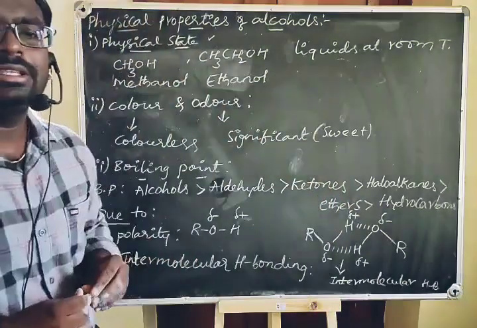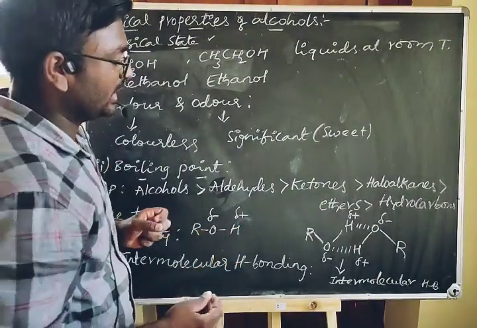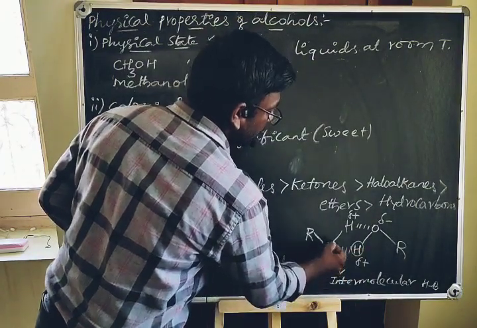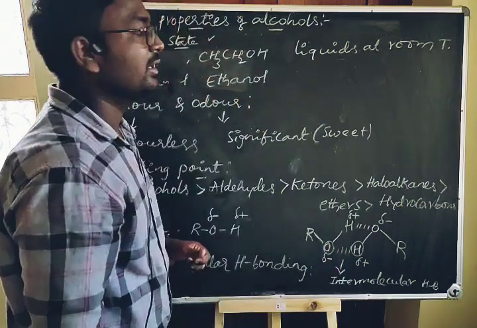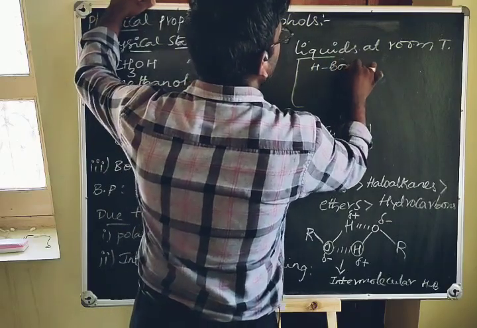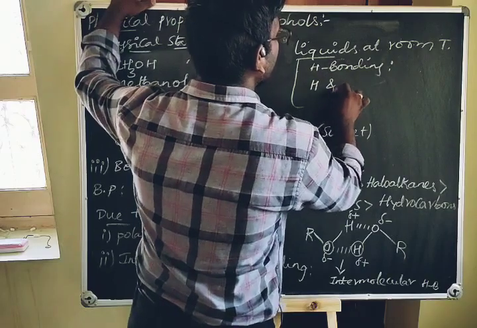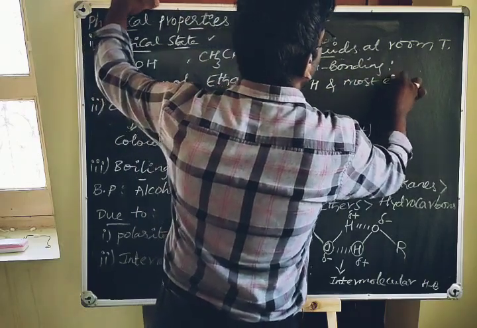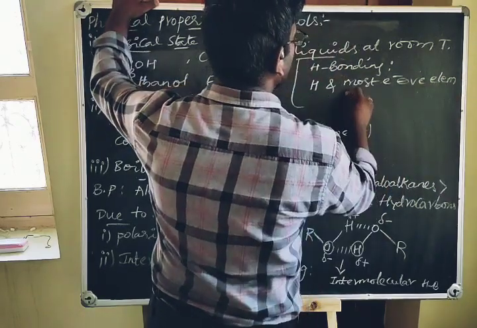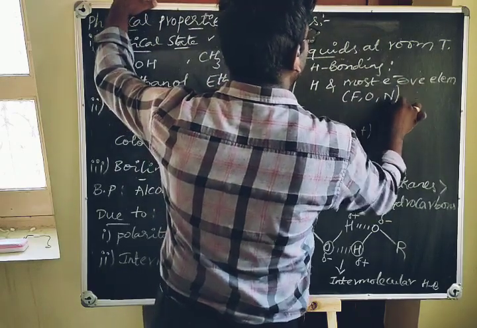What is hydrogen bonding? Hydrogen bonding means the force of attraction between the hydrogen and the most electronegative elements. What are the most electronegative elements? You may take fluorine, oxygen and nitrogen.